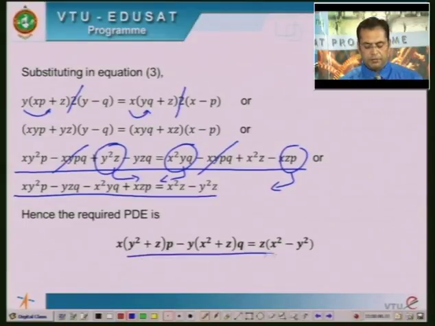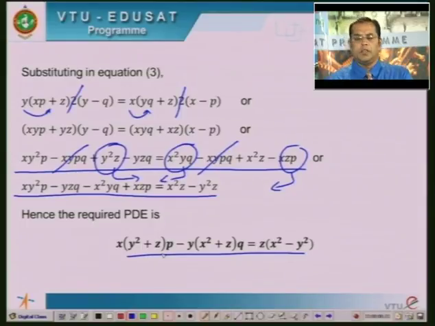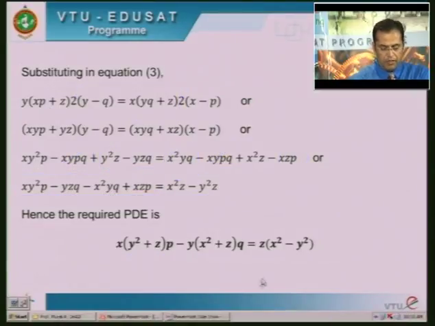Or finally taking p and q terms to LHS, we are left with x into y square plus z into p minus y into x square plus z into q equal to z into x square minus y square, which is the required PDE again of order 1.